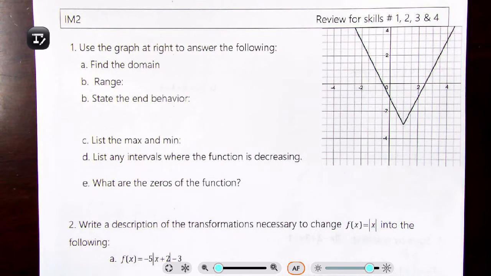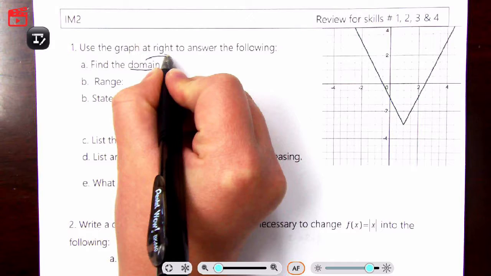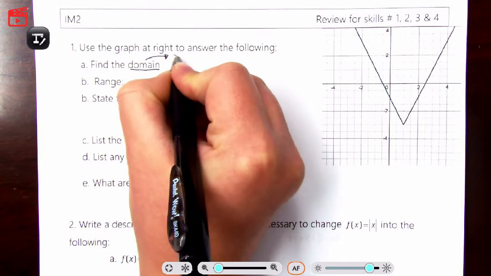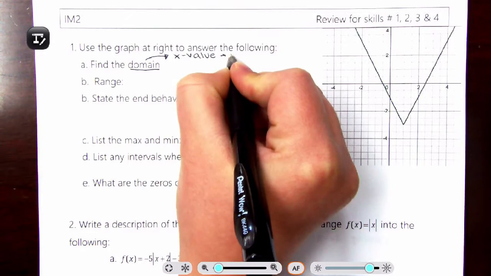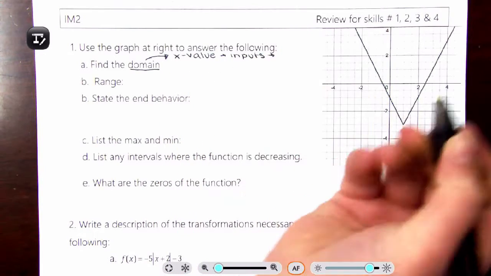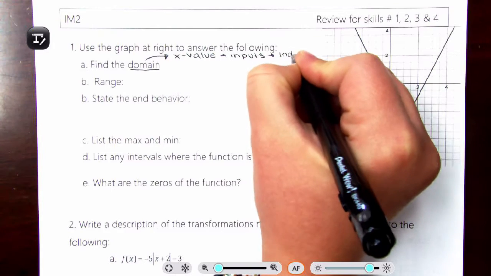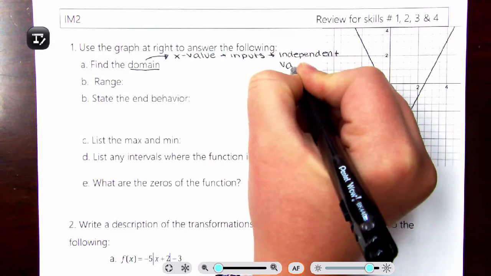It says use the graph at the right to answer the following. So find the domain. Let's recall what domain is. Domain is our x values. Those are our inputs, and those are our independent variables.